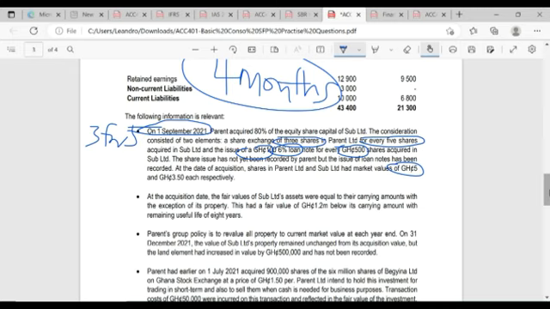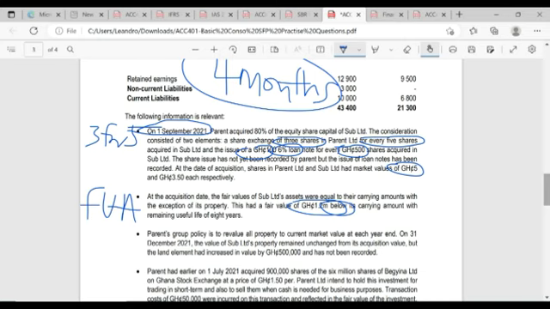At acquisition date, the fair value of SAB Limited's assets were equal to their carrying amount with the exception of its property. This had a fair value of 1.2 million below its carrying amount with remaining useful life of 8 years. This question is to help you know that when we talk about fair value adjustment, it's not always about increases. It can also be a decrease in the value of the asset.